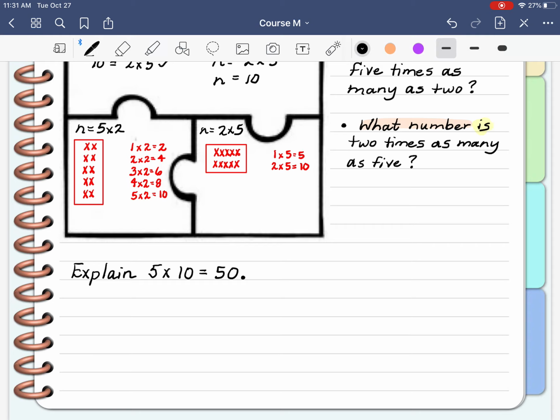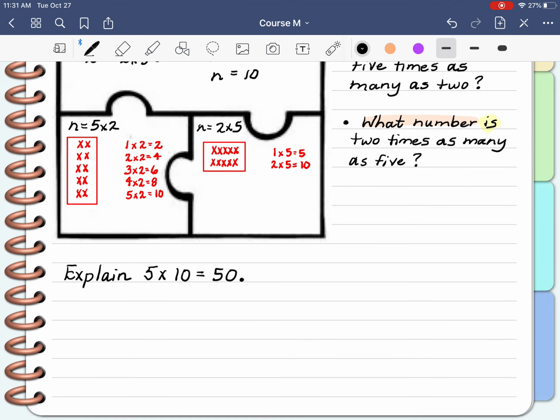I want to put this in 4 different ways for you. Okay. First way you could say this is that 5 times 10, there's the equal sign, the word is, 50.